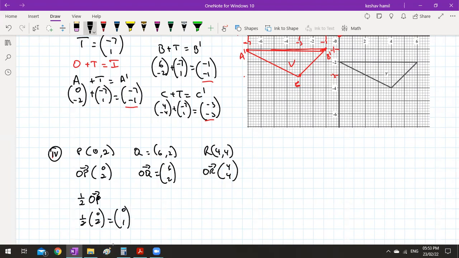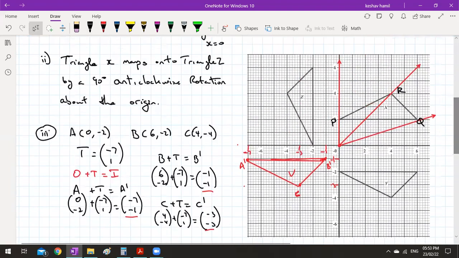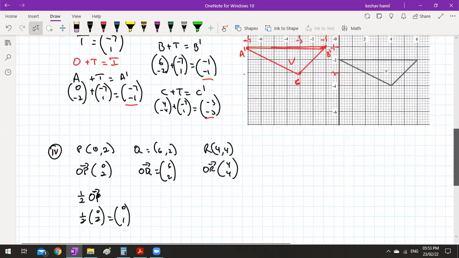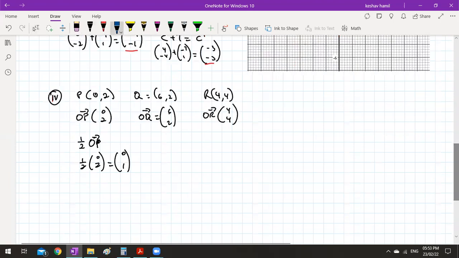So we're going to plot that point on the graph. I'm going to use a different color. So blue. So 0 and 1 is here. Now I use a very large dot for you all to see. You all don't do that, please, for your exam.